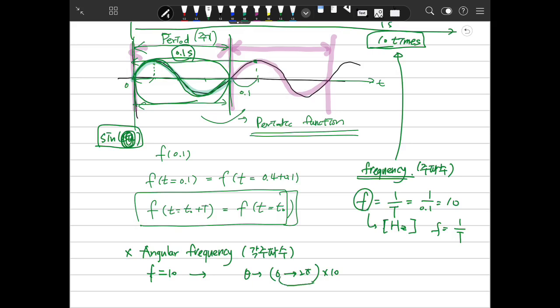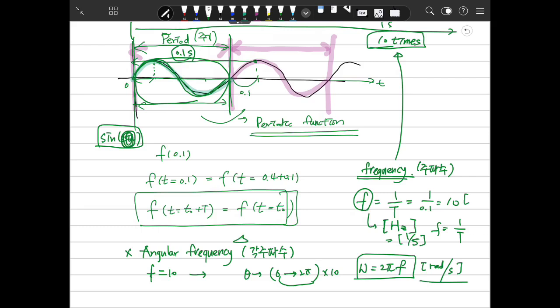So angular frequency is the frequency multiplied by 2 pi. The unit is radian per second. Why? The frequency unit is hertz, which is the same as 1 over second. So this is radian per second. This is angular frequency.